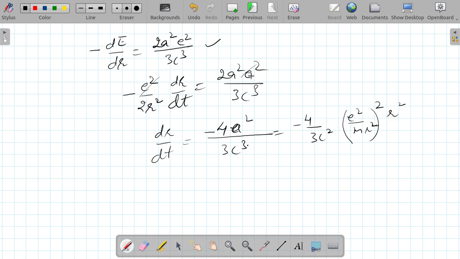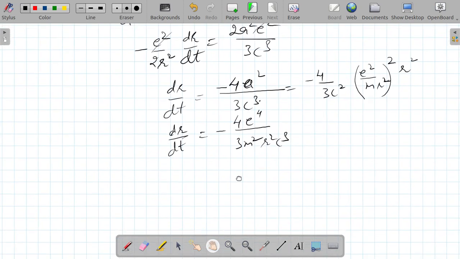This r square can change. So dr by dt is equal to minus 4e raised to power 4 upon 3m square, this 1 r square will cancel out with it, so it is 3m square r square c cube.